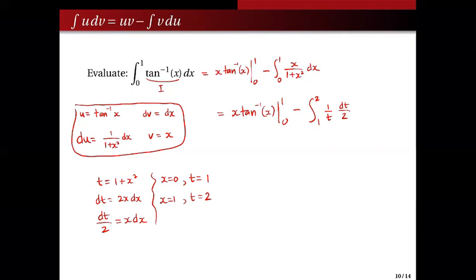Okay. So there's a question. With u substitution, the limits will need to be changed according to u, right? That is correct. But look at this. I am not really using u in that quote-unquote u substitution. I'm using t. That's why I don't call it u substitution a lot of times. I call it substitution rule because I can use any variable. I can use v, I can use s, I can use w.